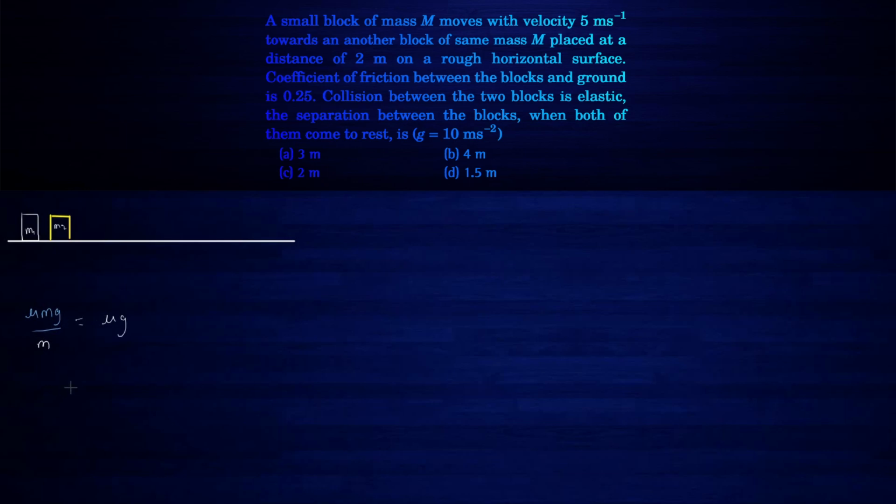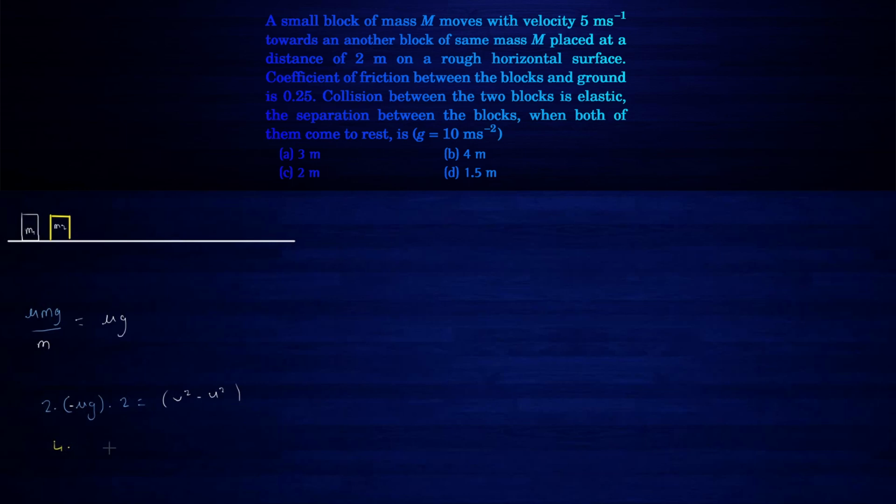By using the equations of kinematics, we can write 2 into mu g into 2 equals v square minus u square. This is deceleration, so I am writing a negative here.